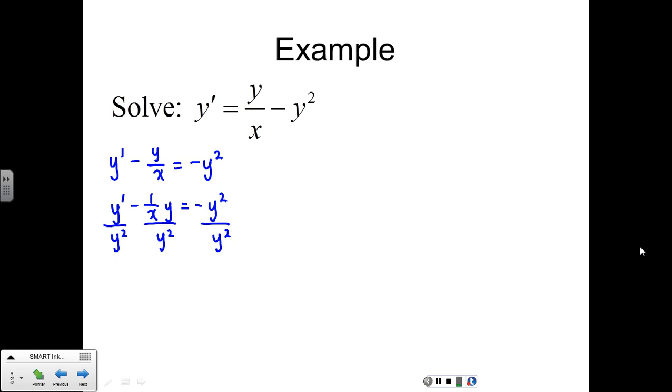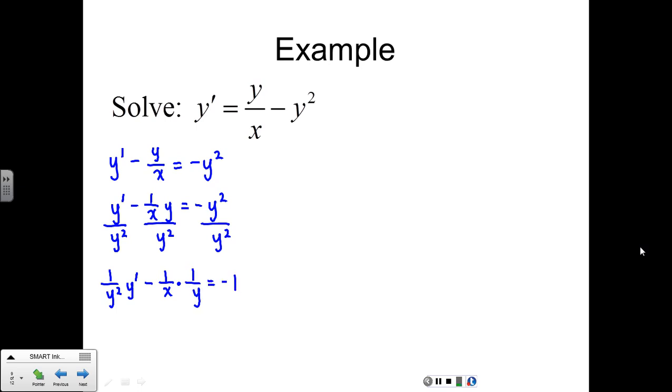That would give me 1 over y squared times y prime minus 1 over x times what? One over y. Good job, good algebra. Equal to negative 1.